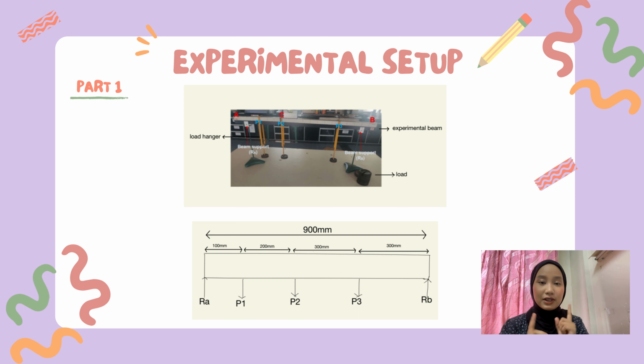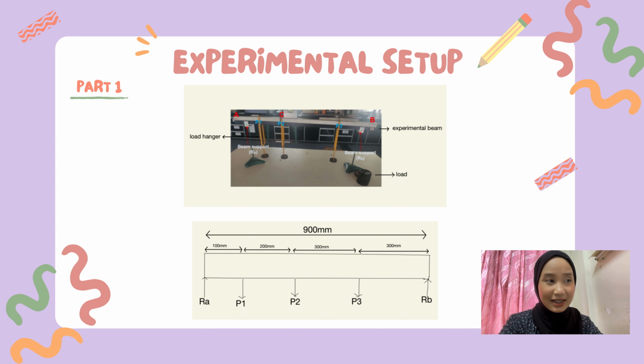Okay, for the experimental setup for this experiment, as we know, we have two parts, part 1 and part 2. So in this slide, I will explain part 1. As we can see in this picture, we labeled three main apparatus that we use for this experiment: the experimental beam, load, and also the load hanger.